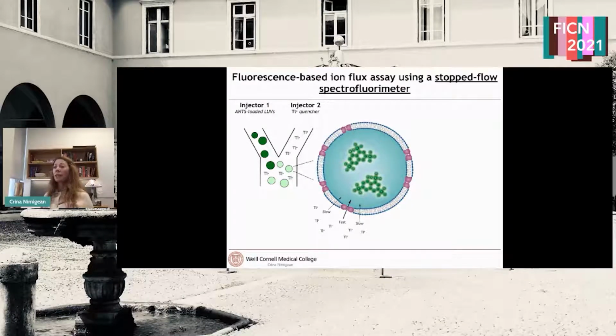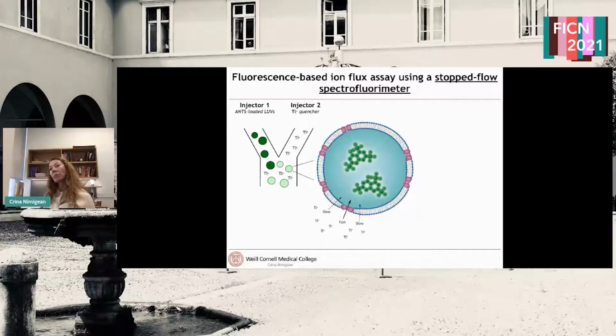So when channels are open, you can imagine thallium going in and quenching the fluorescence. So that's the basis of this assay. So what I'm showing here schematically is that on one arm of the injector, I'm loading, for instance, the ANTS-loaded liposomes with MthK. In the beginning, they are in the absence of calcium, so all the channels are closed.